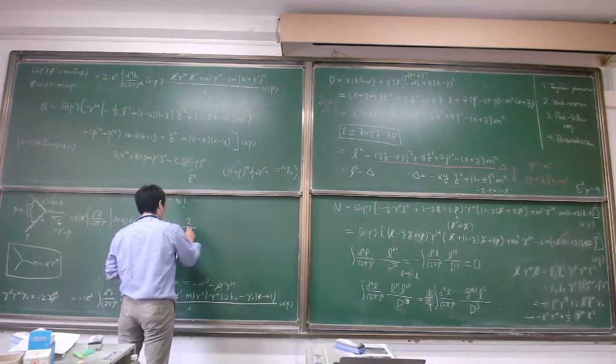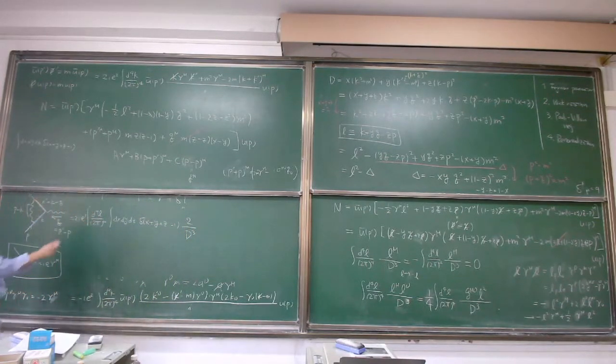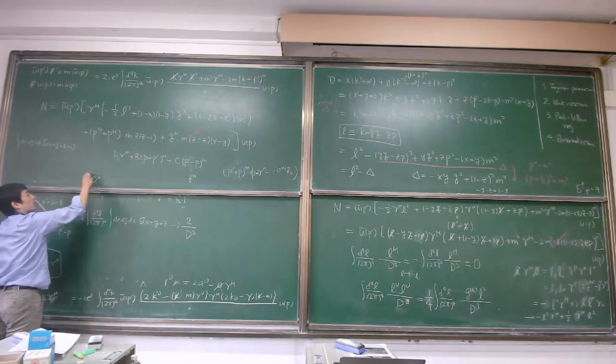So 2 times d cubed. This 2 is coming from Feynman. So in the numerator, Feynman's d to the n minus 1 factorial, you need to have this one.